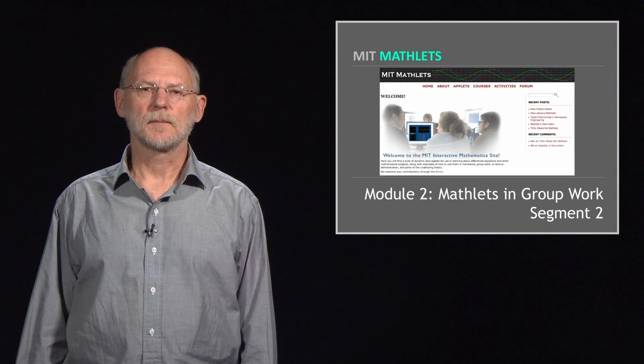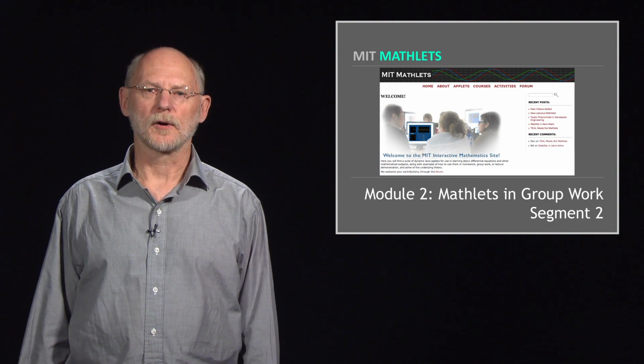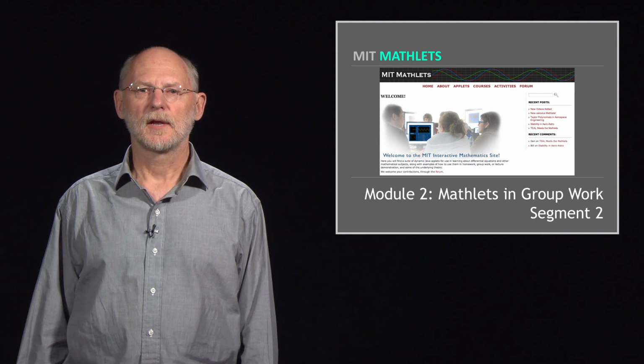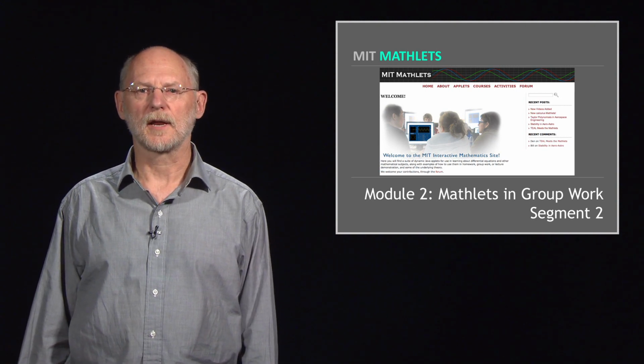This is the second segment about the use of Mathlets in group work. It consists of a text of instructions to students as they work in a true group work setting. Many universities use a section system in which groups of around 20 students meet with a section leader once or twice a week to discuss the course material and do problems. One strategy in these smaller classes is to stand in front of the classroom and answer questions and model solution of problems.